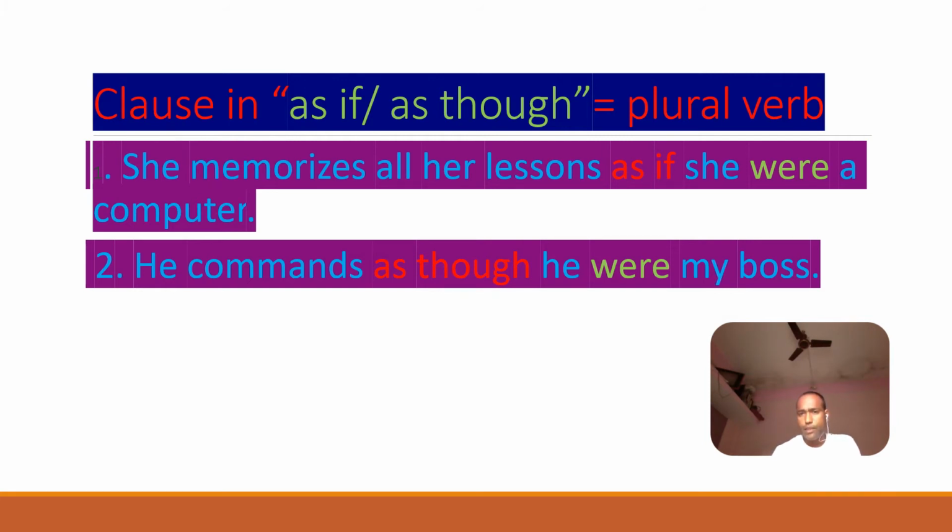So after as if, which verb comes? That will be plural. He commands as though he were my boss. Not was. Here not was. So were is used here, because as if and as though clauses take plural.